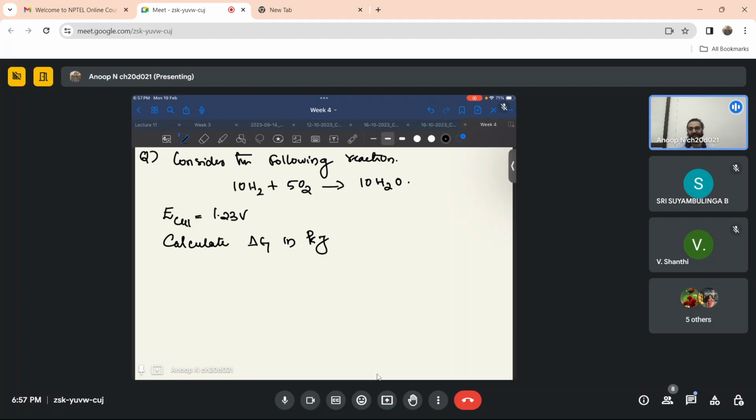So can you write the anode and cathode reactions? Reduction here, oxidation.